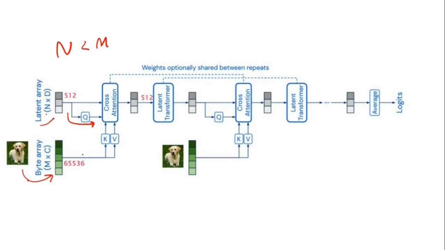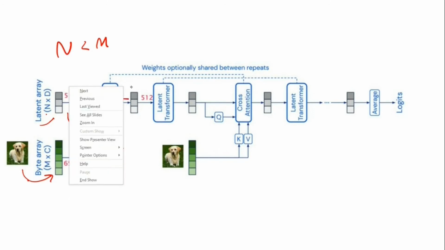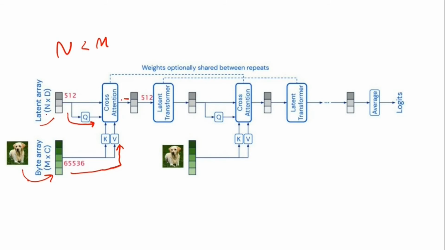Here they have done it for ImageNet, where the input byte array of m into c has been moved to the cross attention module, where the latent space was of size 512. The output sequence that it provided was also of length 512.